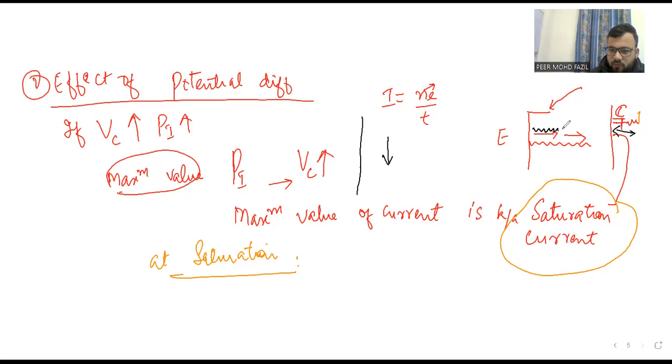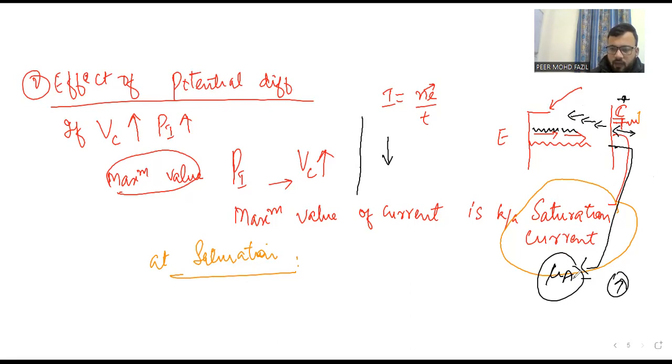Electrons will try to move. But as the plate is now at negative potential, there will be repulsion of electrons. As this collector plate was connected to a microammeter, will there be any deflection? No, there will be no deflection.